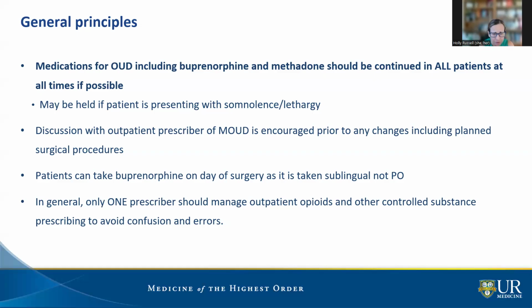In general, we would prefer one prescriber should be managing the outpatient opioids and other controlled substances to avoid confusion and errors. So I usually try to communicate with the surgeon if my patient is having a planned surgical procedure to ask what they usually prescribe and let them know that I'll manage the pain.